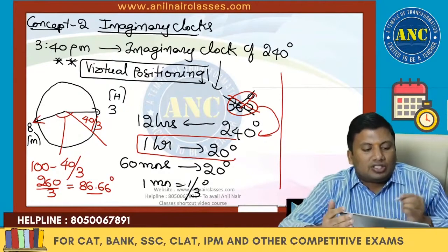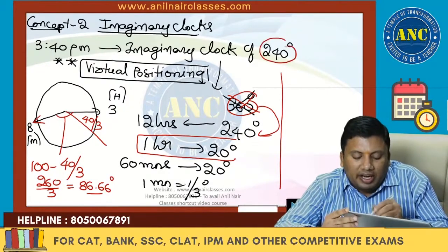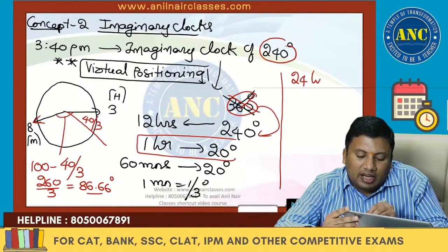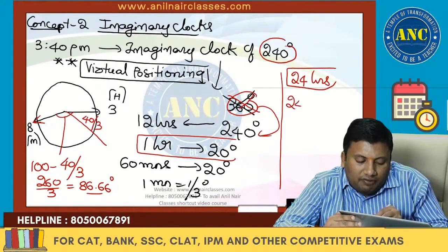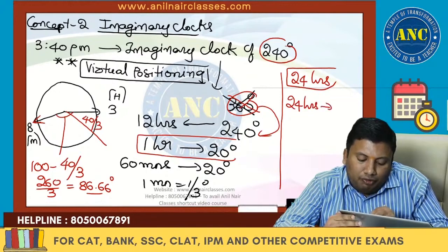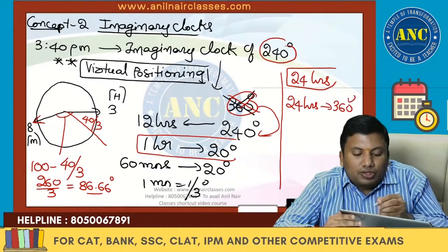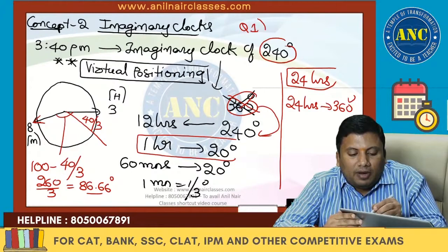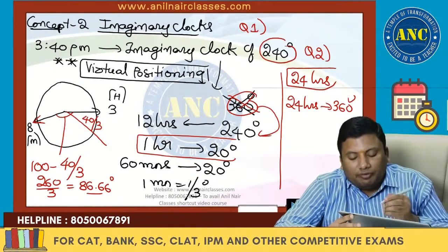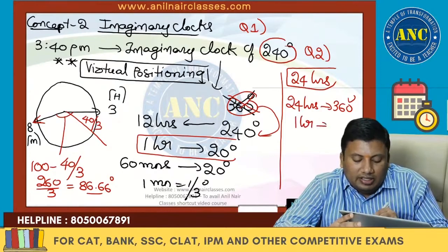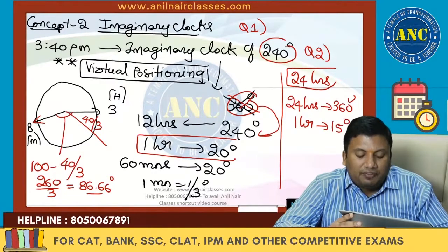Suppose instead of 240 degrees, he gave you an imaginary clock of 24 hours. What will you do? Instead of 12 hours, it is 24 hours. The 240 degrees was question number 1, and this 24 hours is question number 2. 24 hours is 360 degrees, so 1 hour is 15 degrees.